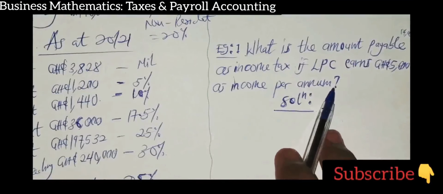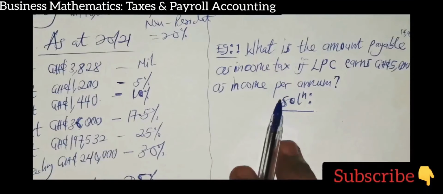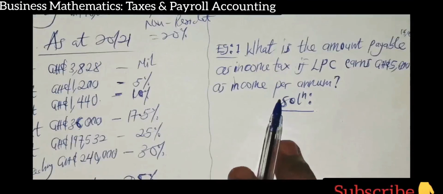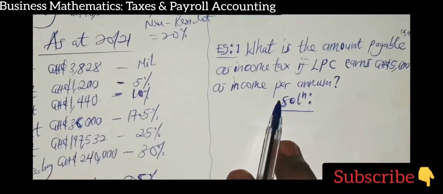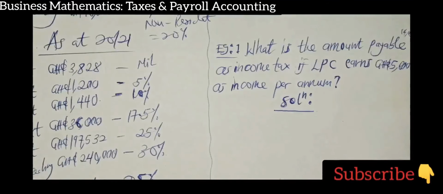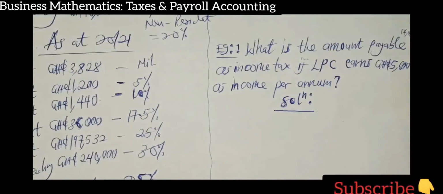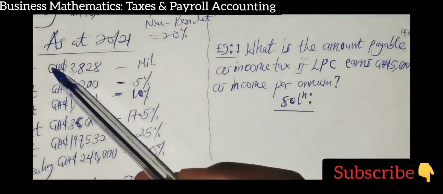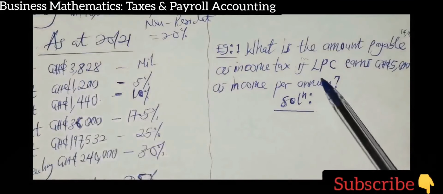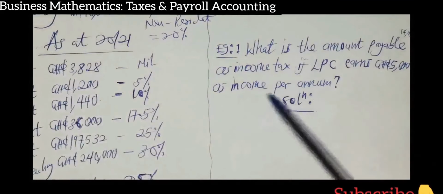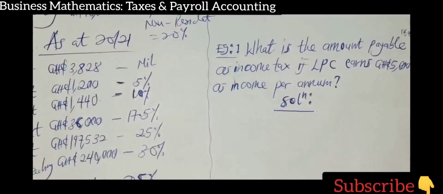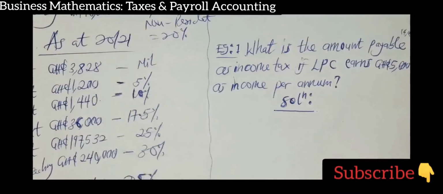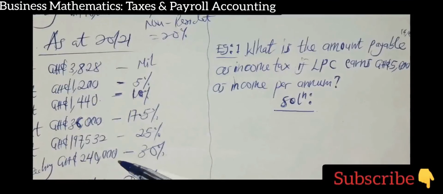Remember, in this question there wasn't any rate given, so it should be a hint to you that they are using the current progressive rate that has been adjusted in Ghana. If you are given a question of this form and not given the rates, you are expected to know them by hand and apply them as such.